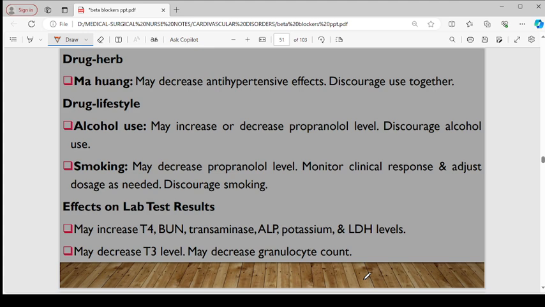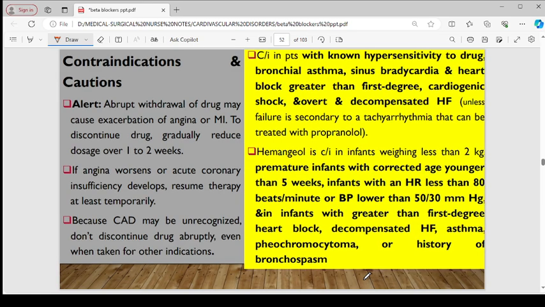Generally, propranolol may increase the T4, BUN, transaminases ALT, potassium or LDH levels, and it may decrease the T3 levels and also decrease the granulocyte count.